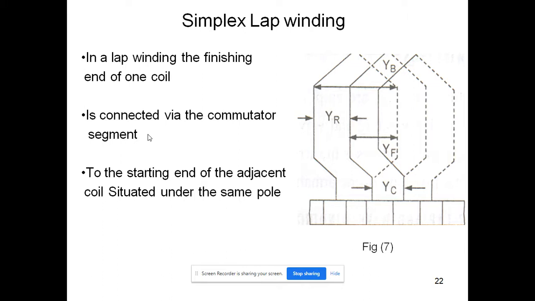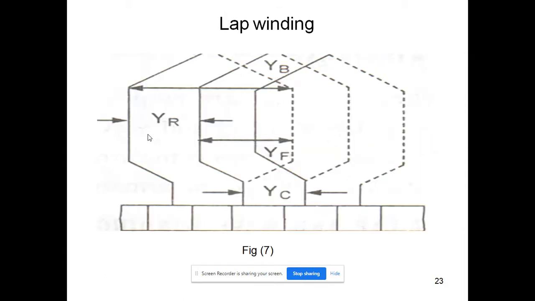Here the pole is same. Okay, you have to remember that one. Same pole. Commutator segments under same pole. You can see how the lap winding will be.